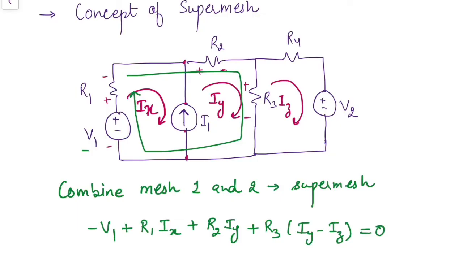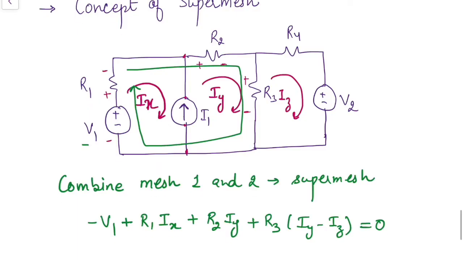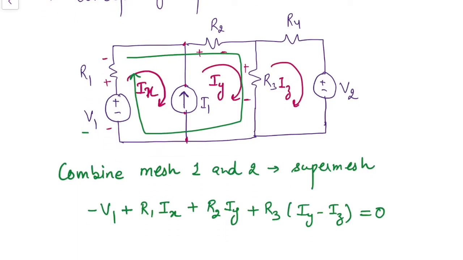This is the equation which we get by applying KVL. Second is the constraint equation. That constraint is imposed by this branch. Why? Because we have a current source in this branch, and we know that a current source is a source which supplies constant current. So the current in this branch will remain I1 in upward direction.